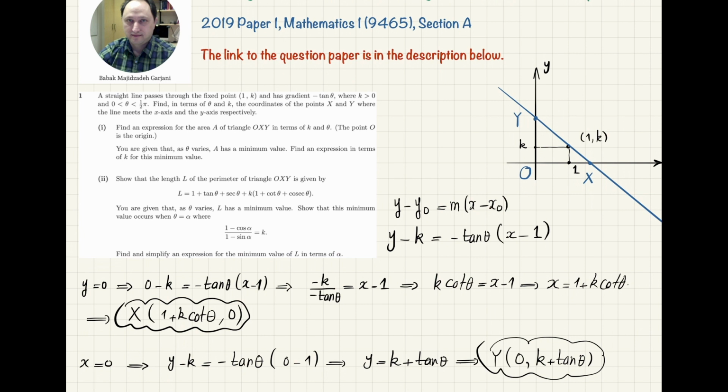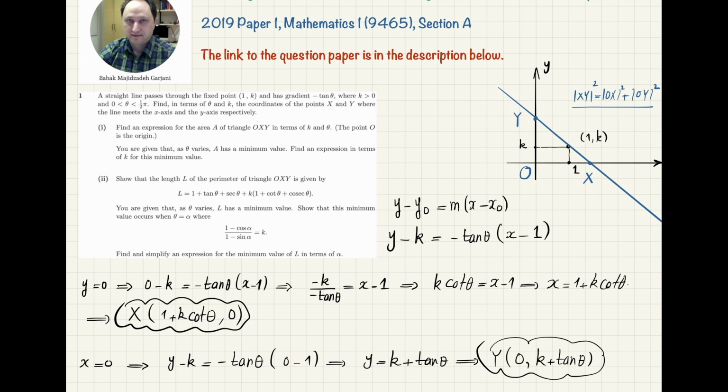And then I need to know the length of XY, the hypotenuse of this triangle. So to find that, the most natural thing to do is to use the Pythagoras theorem and write XY squared is equal to OX squared plus OY squared. So from here, I can calculate the length of XY.